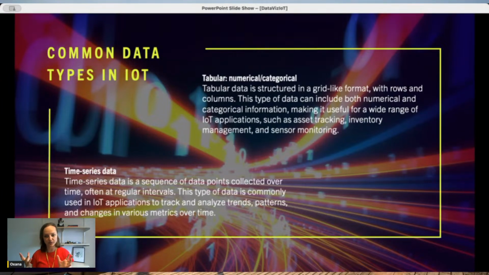And that is often in some kind of tabular format, right? That we are more or less used to with Excel, and any type of data we're used to being represented as a table. And sometimes we want to represent time series data also as a table.